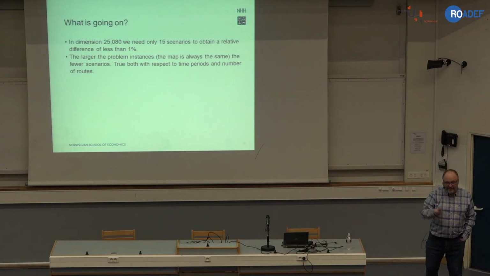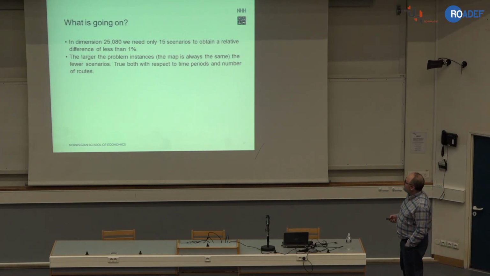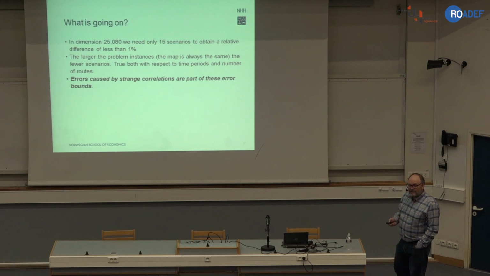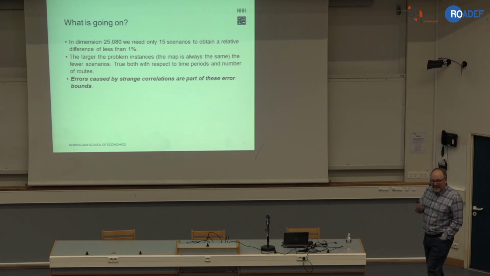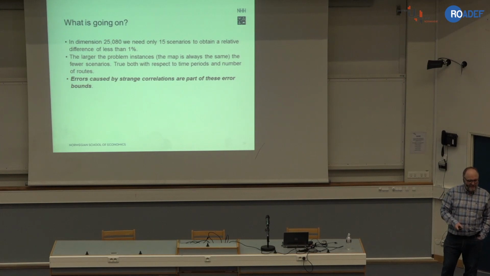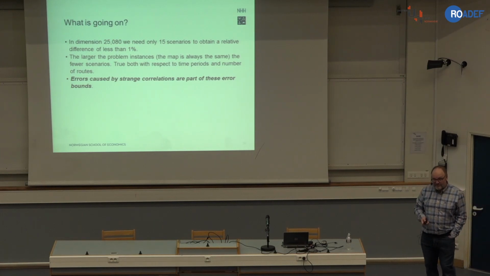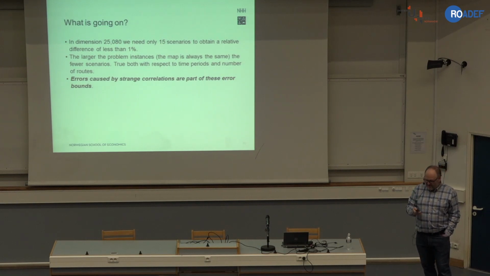You would think the problem got bigger, you need more, but you need less. And the errors caused by the strange correlations are hidden inside here. I know I was a bit quick with the stability, so if you want to dig in, you will have to do that. But the errors caused by potentially funny correlations, and there were funny correlations in there, because I only control some of the input correlations, they are hidden in the 1%.